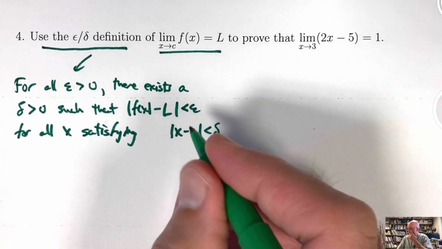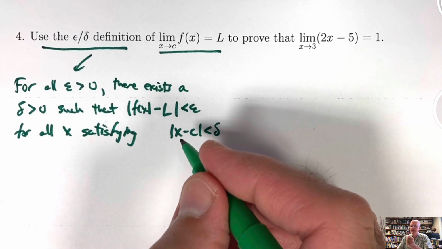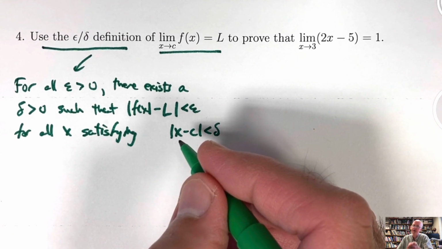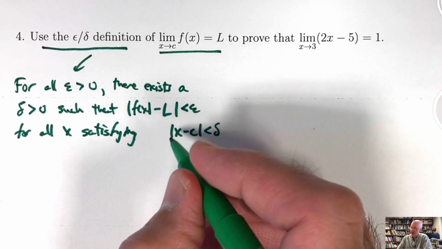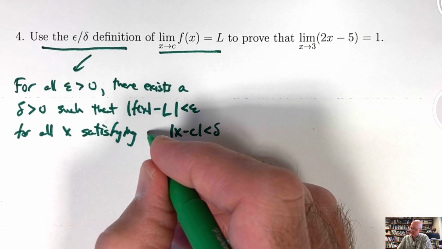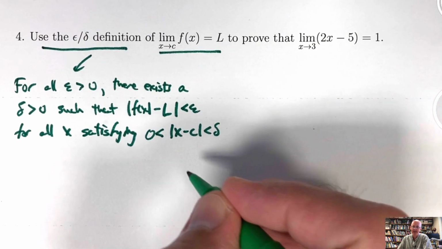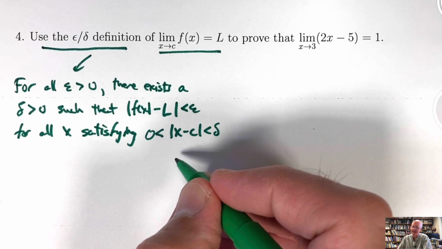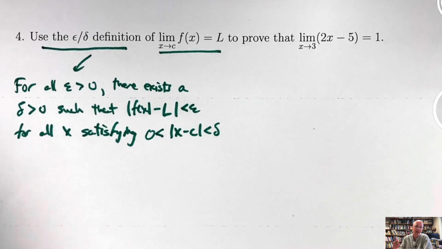And technically, since limits are unaffected in the definition by what happens to the function at c, we also want to include the fact that x doesn't have to equal c here, that the absolute value of x minus c is greater than 0, which means x does not equal c.